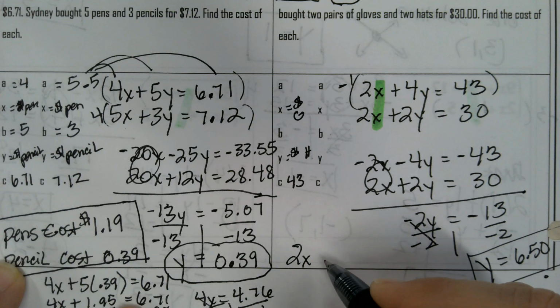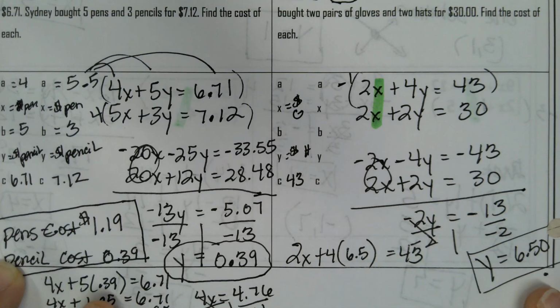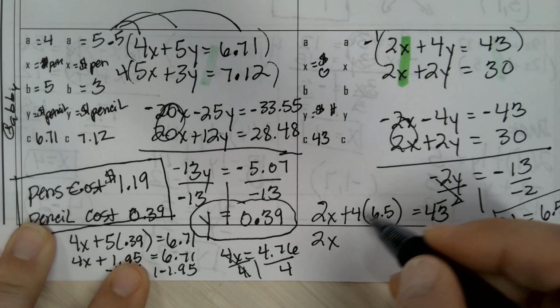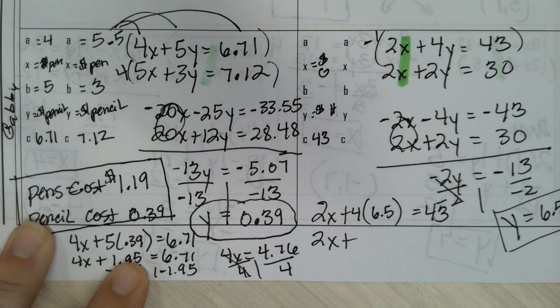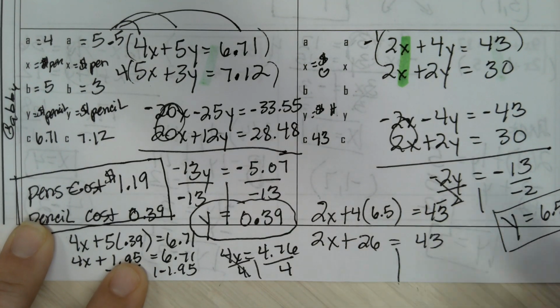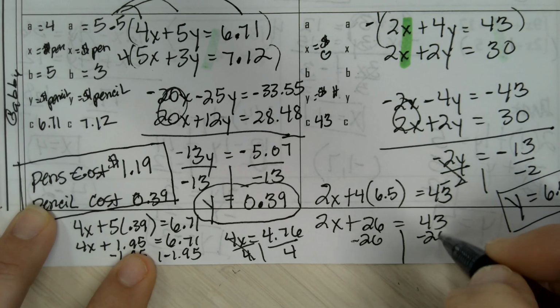So 2x plus 4 times 6.5 equals 43. And then we're doing 2x. I've got to multiply those numbers together. 6.5 times 4 is 26. And then we're solving for x. So we're going to subtract the 26 over.